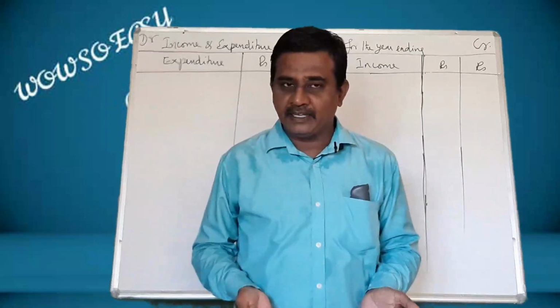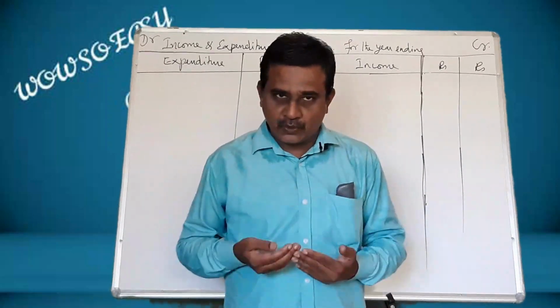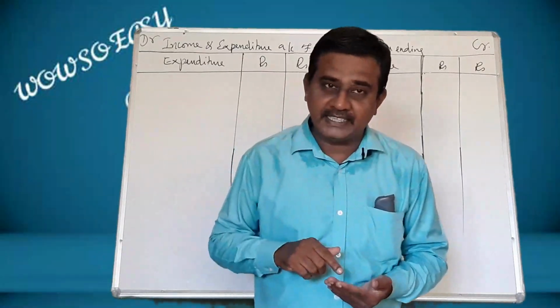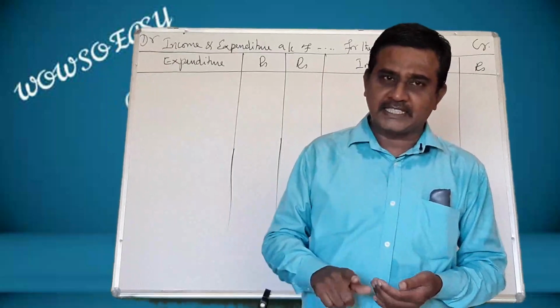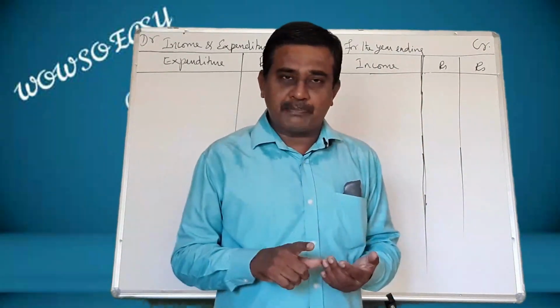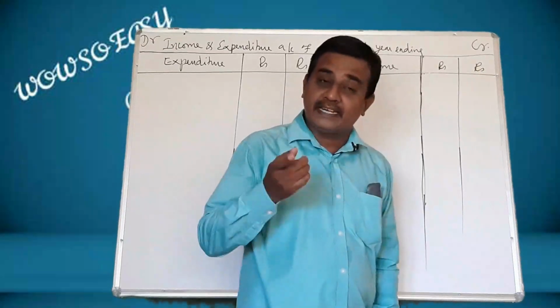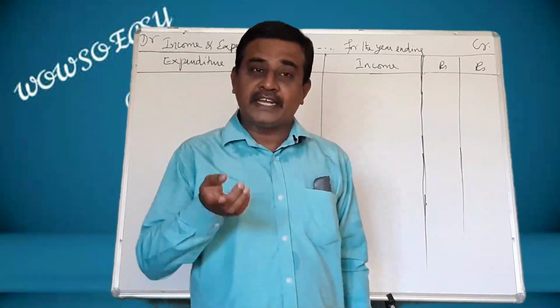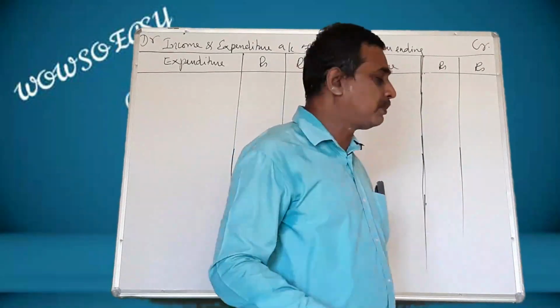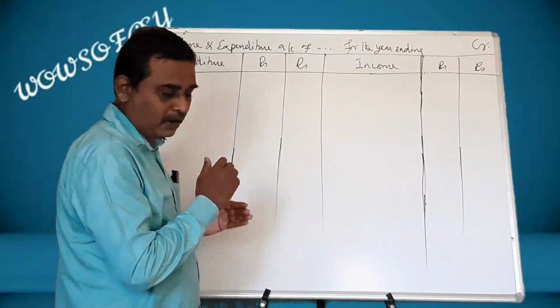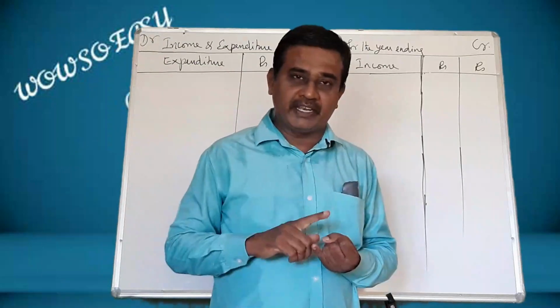Again I repeat, if an asset is sold, see whether there is any profit. If there is a profit, that profit should be brought to the income side. And at the same time, if there is any loss, that loss should be brought to the expenditure side, the debit side. So you have to be very careful about these things.